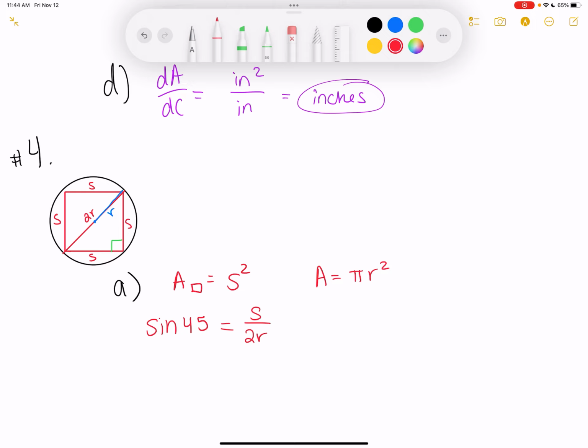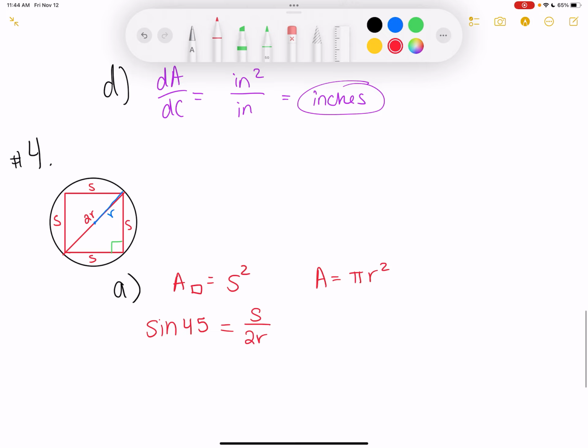I need to get s by itself, so s is equal to 2r times the sine of 45.